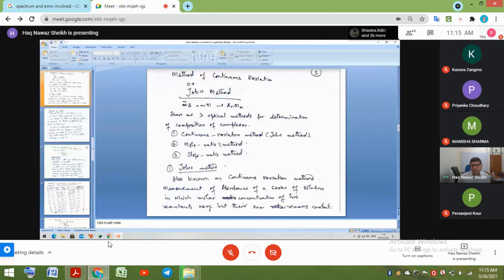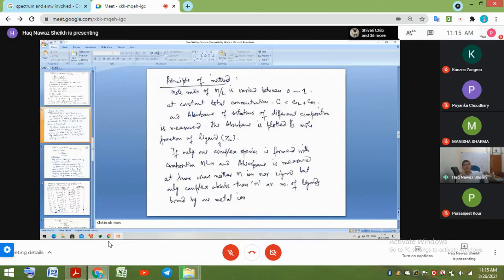So in Job's method, the metal-ligand ratio is varied between 0 and 1 at constant total concentration. So the concentration of the metal is 0 in one solution, and the concentration of the ligand is maximum.